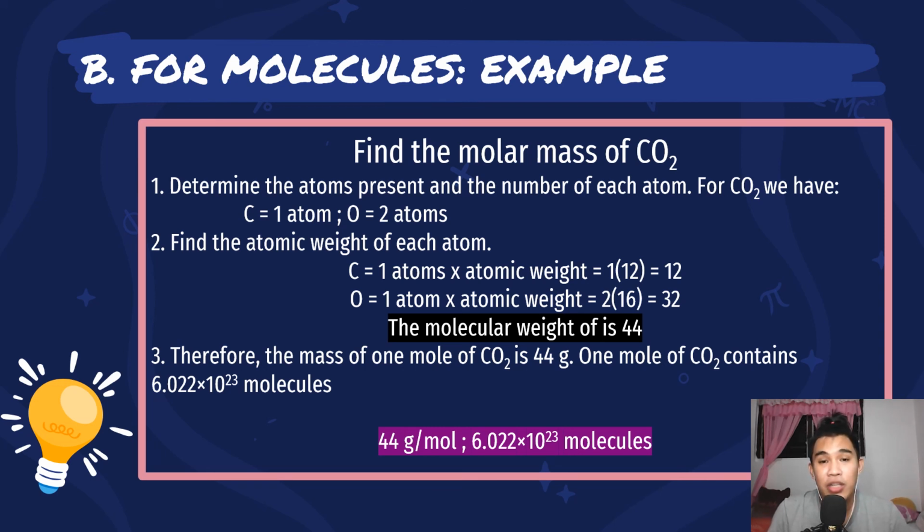So how are we going to represent 1 mole of carbon dioxide? That would be 44 grams per mole, and that is also equal to 6.022 times 10 raised to the power of 23 molecules of carbon dioxide.